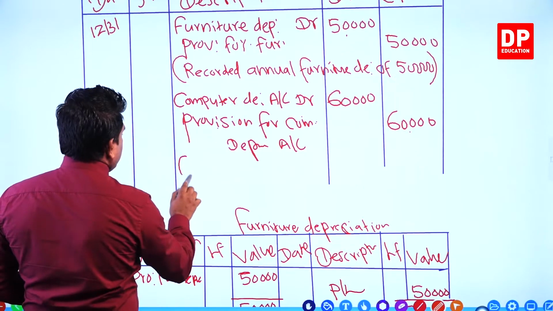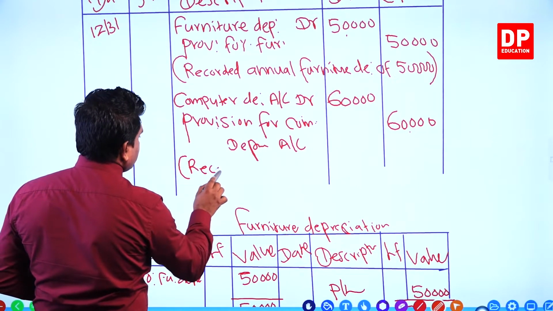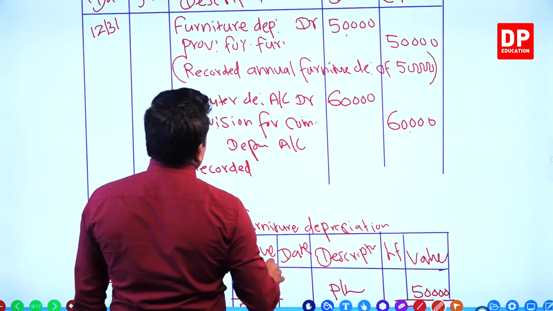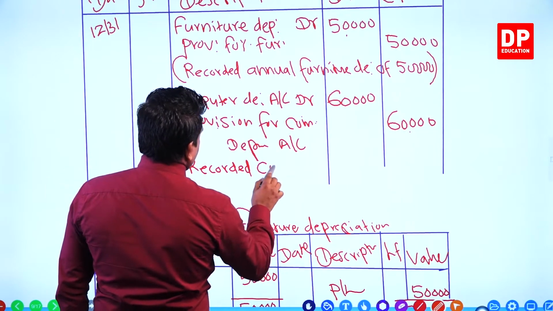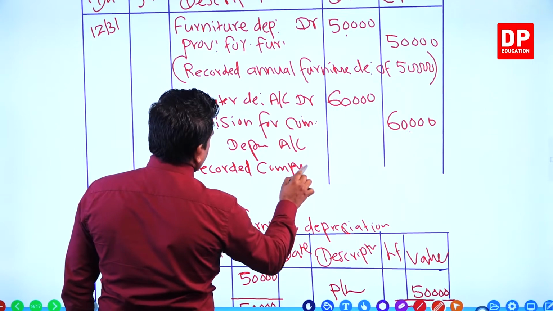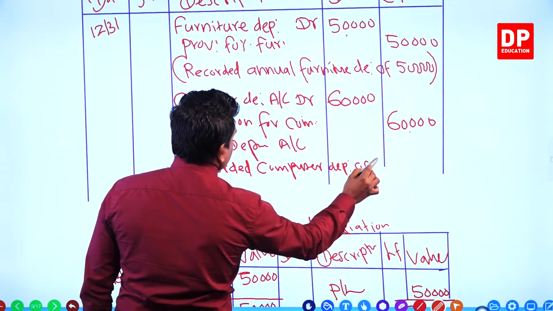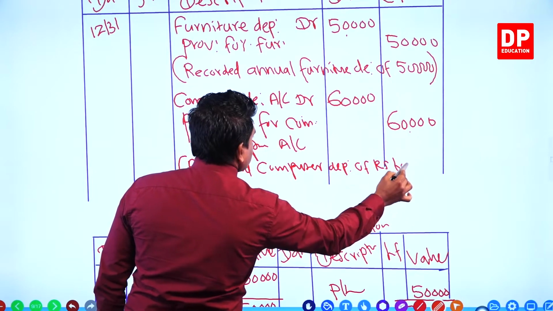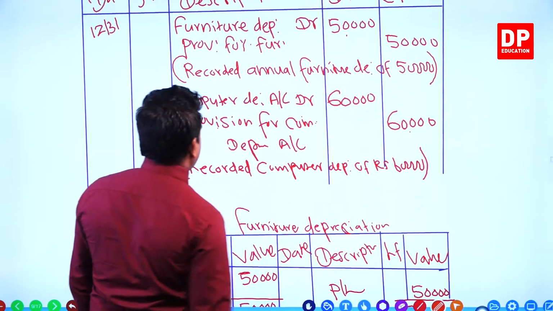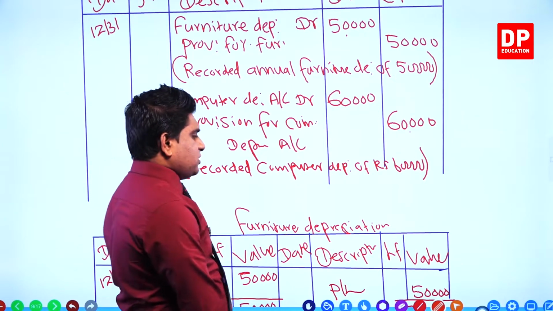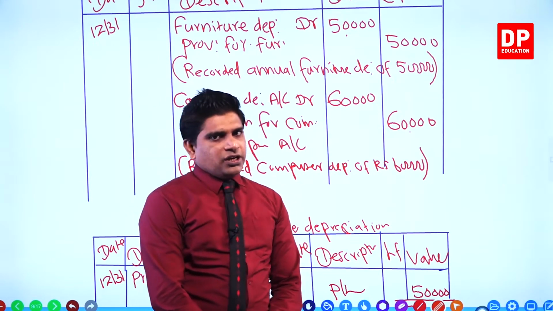Narration, you write: recorded computer depreciation of 60,000. Yeah. Now it's finished. We have recorded these adjustment entries in the general journal and ledger accounts.